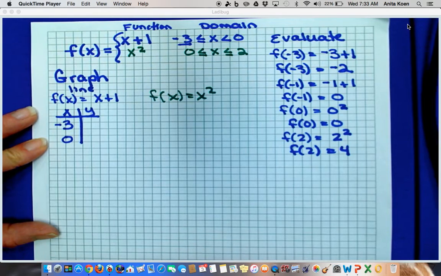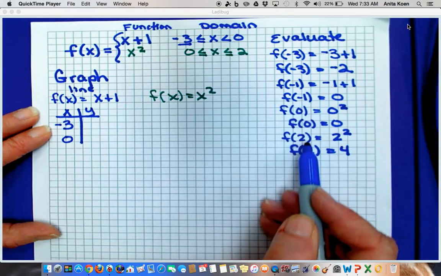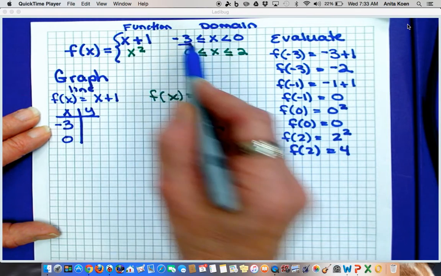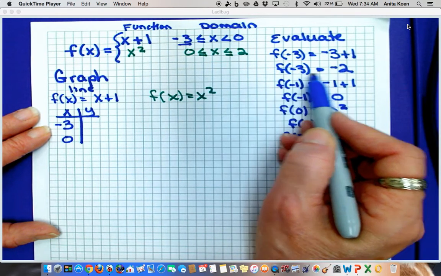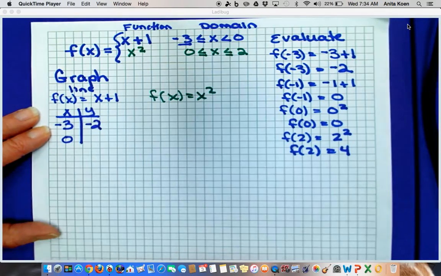So I really only need 2 points. So for a line, you can do the lower boundary and the upper boundary. Now we're going to evaluate just like we did over here. So I'm going to put into this function the -3. Well, we've already done that over here. So we know that f of -3 is equal to -2.